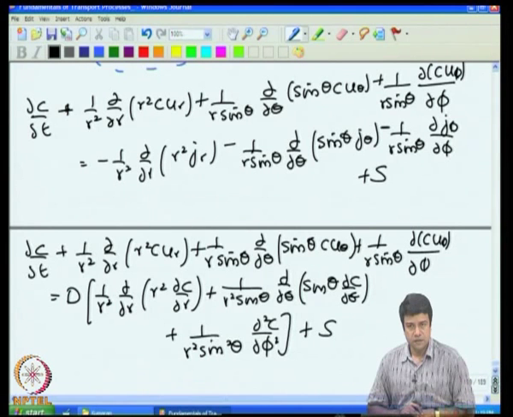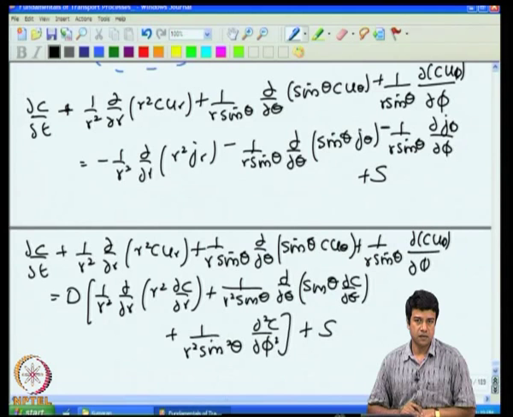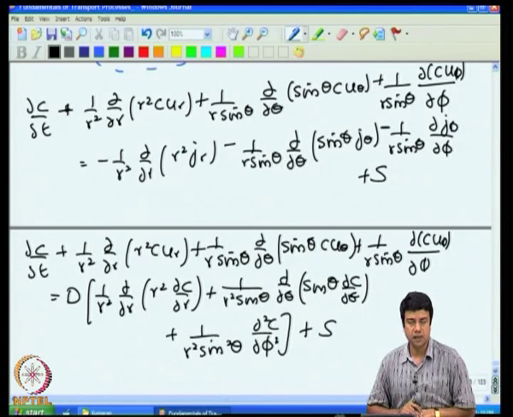So, this is the final differential equation that you will get if you substitute the expression for the flux into the concentration equation that I had just above.